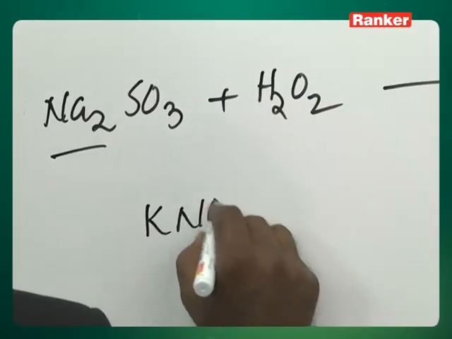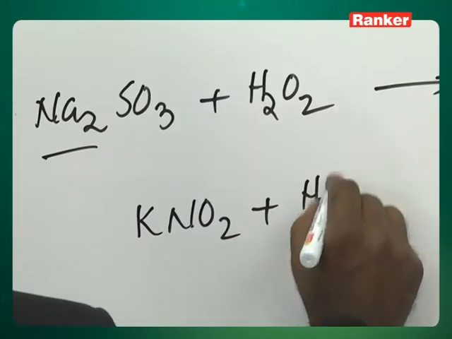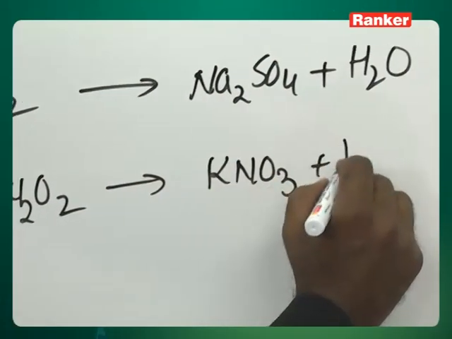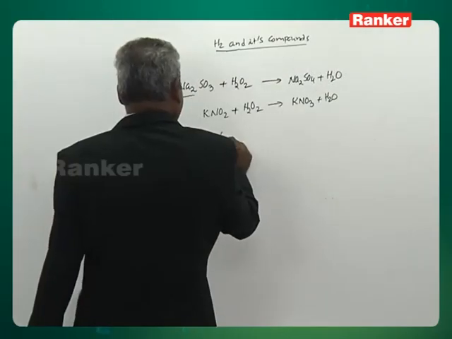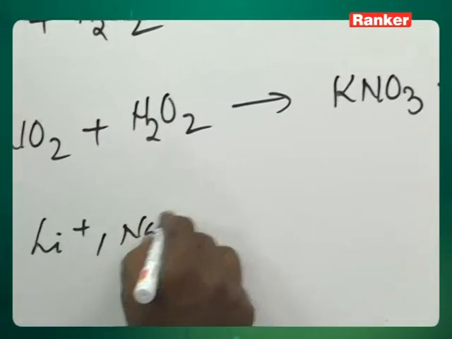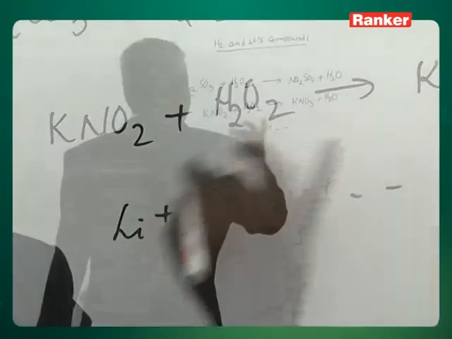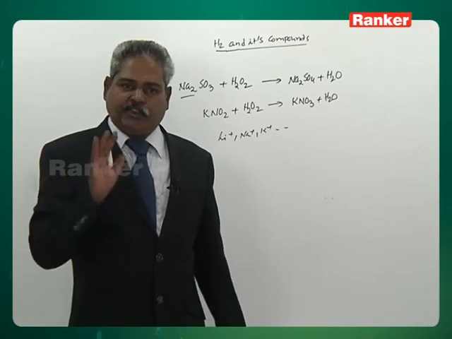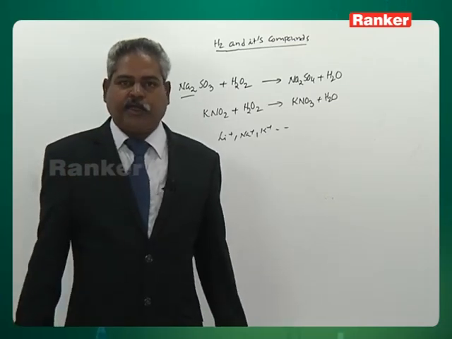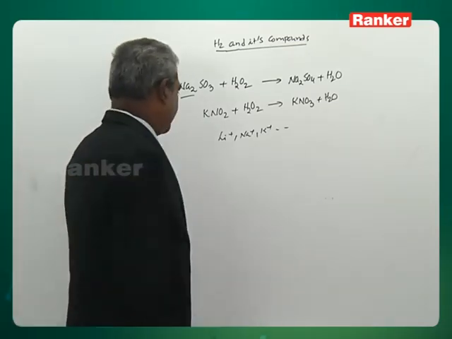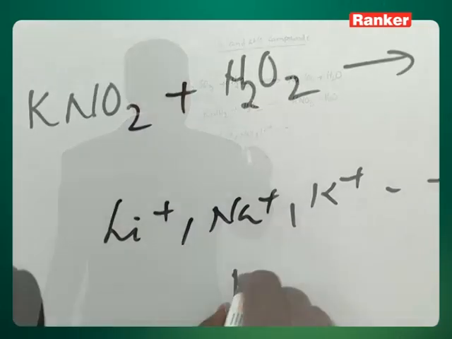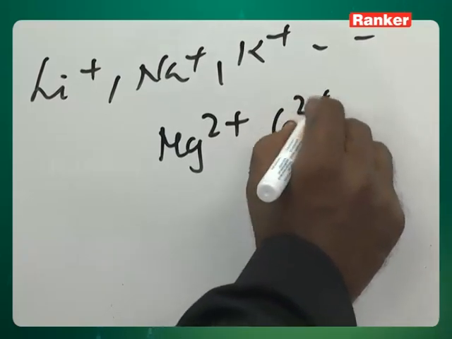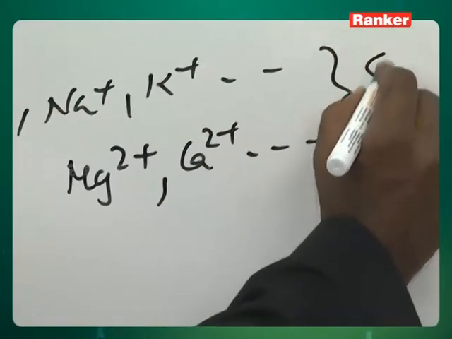KNO2, H2O2. Same thing once again. KNO3 and H2O. This Li plus, Na plus, K plus, all these are spectators. Nothing will happen to them in any reaction. They remain as they are. Even magnesium 2 plus, calcium 2 plus, etc., they are all spectators.